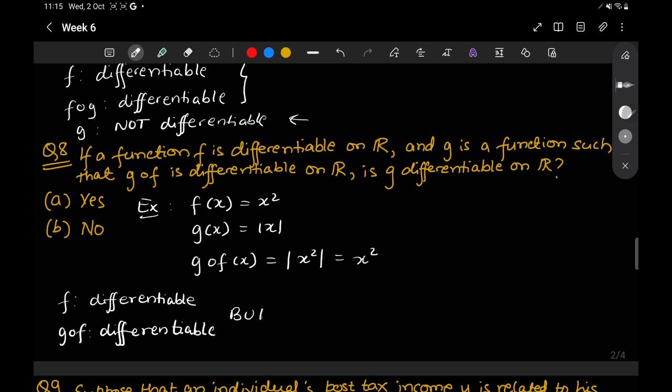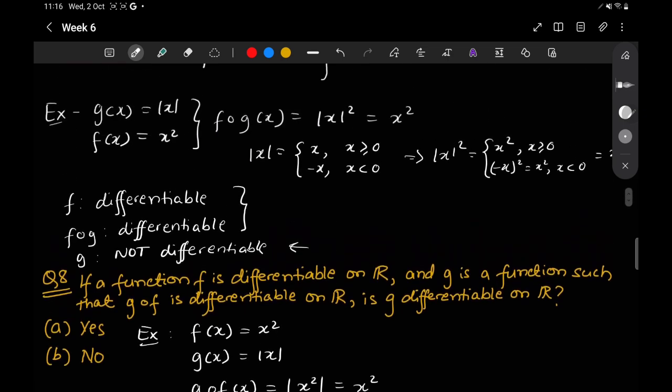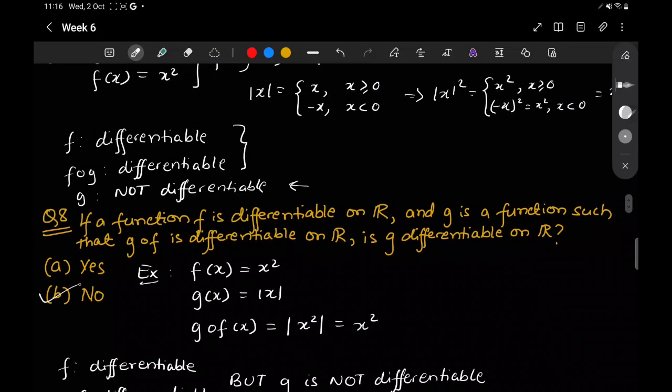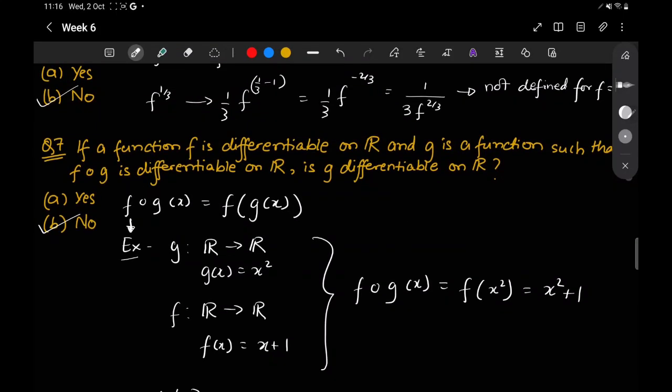But once again g is not differentiable because it is mod x, and mod x we saw in the first question, it's not a differentiable function because it is not differentiable at x equal to 0. So once again the correct option is no, just like in the previous case.